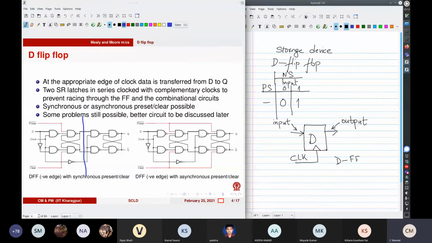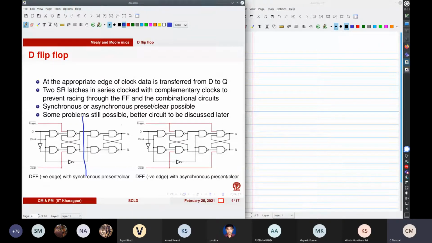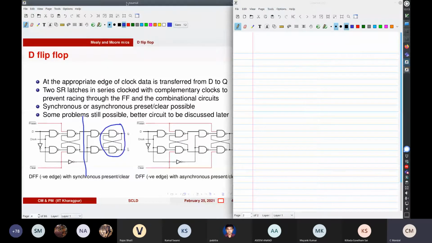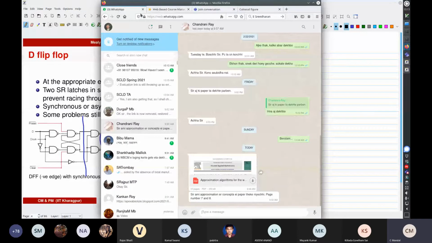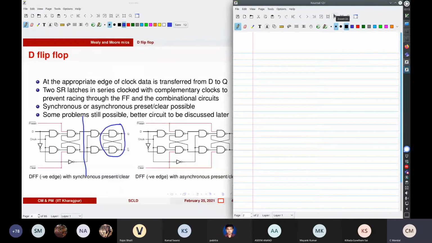If you look at this part here, what do you understand of the behavior here?